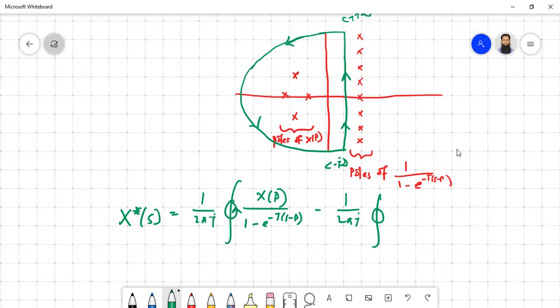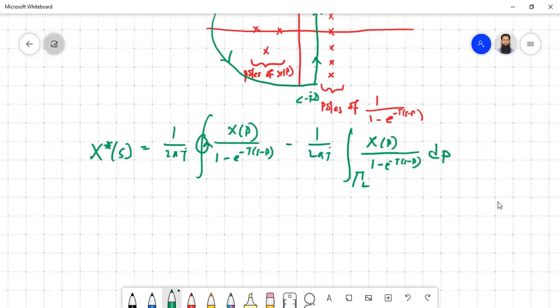It is a line integral, so it is not a contour: gamma L, the left half semicircle, of XP and 1 minus e to the minus t(s minus p) dp. This portion vanishes. Why?